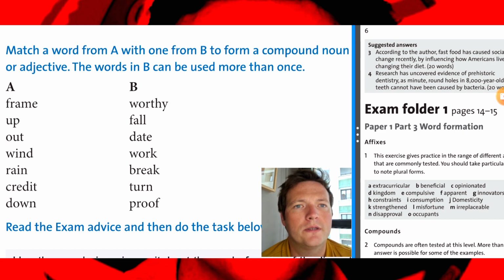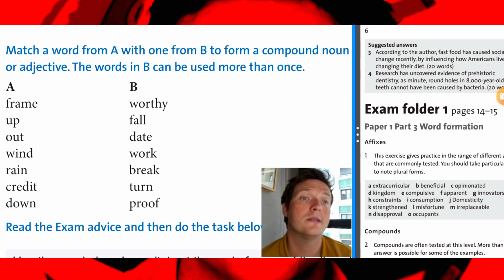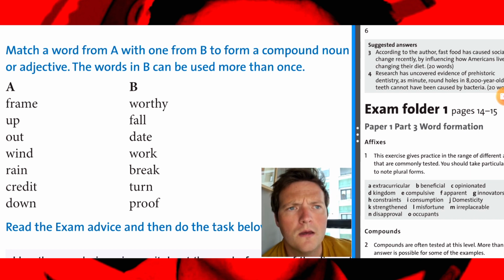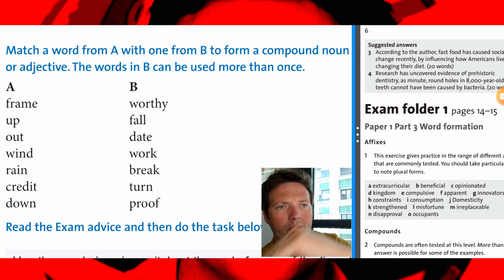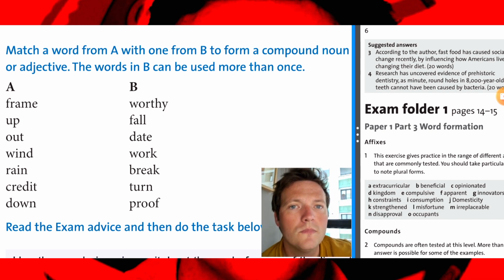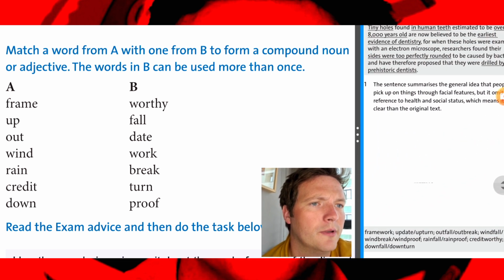Down date, down work, down break. Breakdown, yeah, not down break, breakdown. Turn down is a verb. Downturn? A downturn can be like a decline, yeah. When things are going well, and then there's a downturn, like on a graph, there's a decline. Downproof, I don't know.